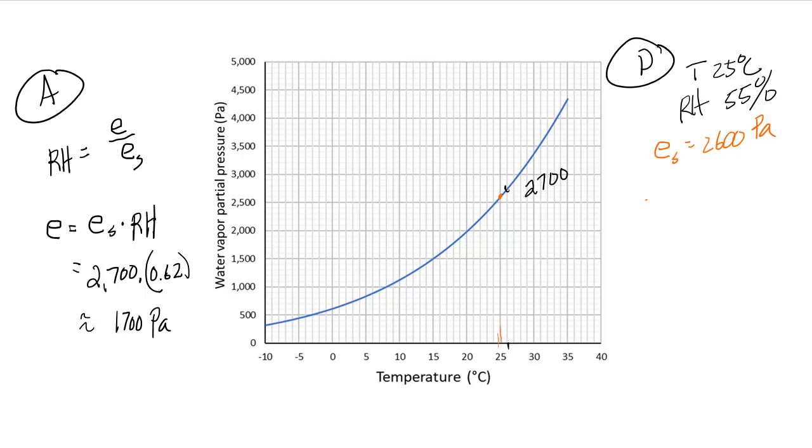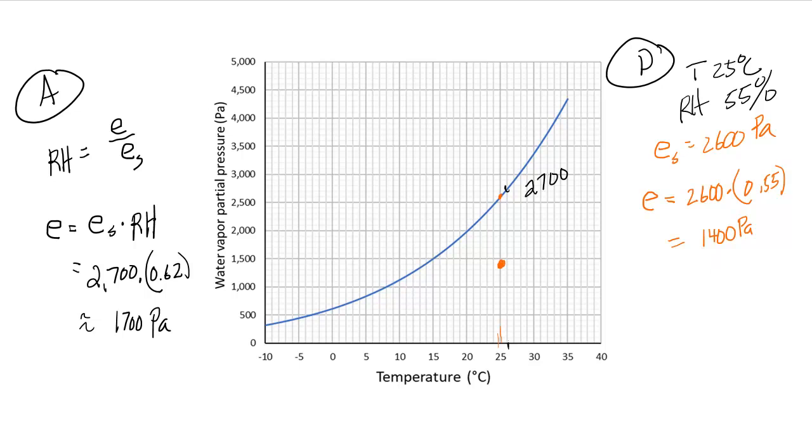And our value of the water vapor pressure is going to be equal to the value at saturation times the relative humidity of 55%, 0.55. And that is going to turn out to be about 1,400 pascals. So we can see it's right about there. All right, so that looks like about 55% of the way up.